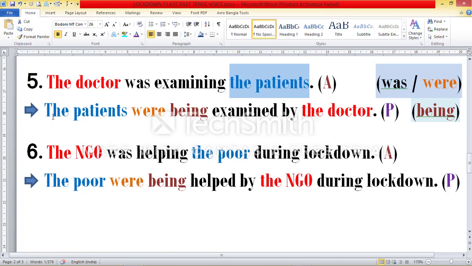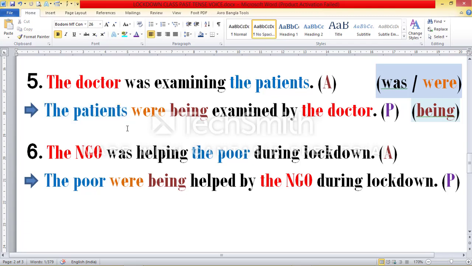So the patients will be written here as subject. Then after making the object subject, we have to go to the be verb was or were. So out of these two, was or were, here were will come. So were has come here because the subject, the patients here, is third person plural number.